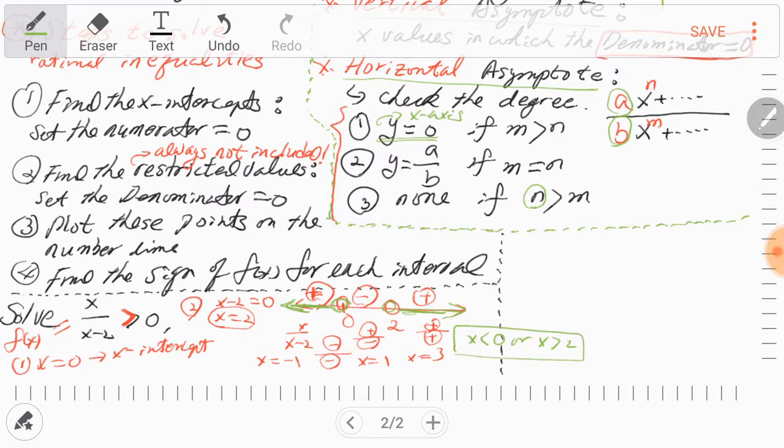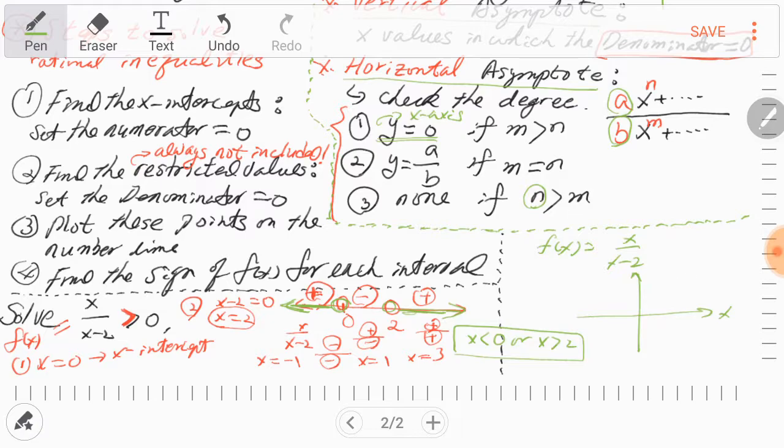Then what would be the graph of this? We can find the horizontal asymptote and vertical asymptote. This is the x-axis, this is the y-axis.